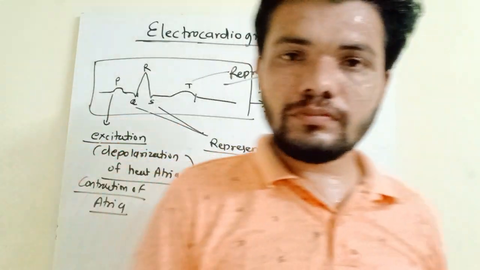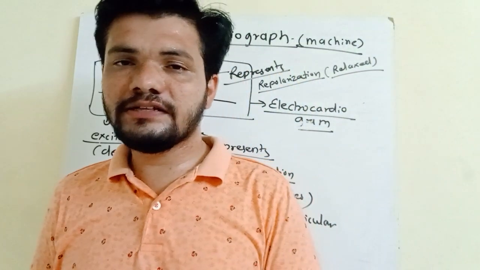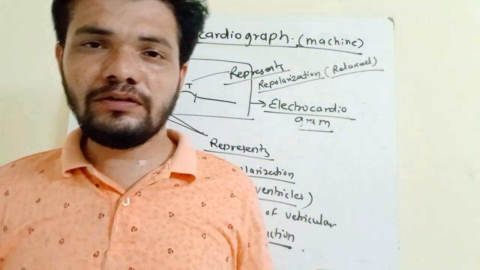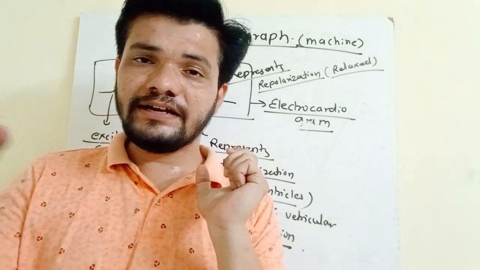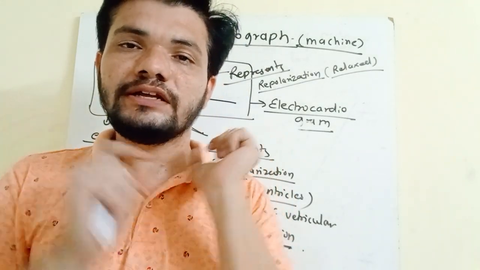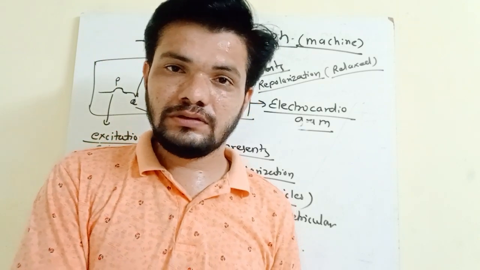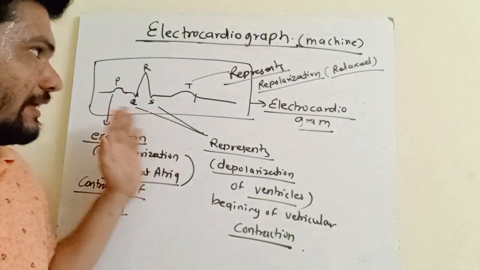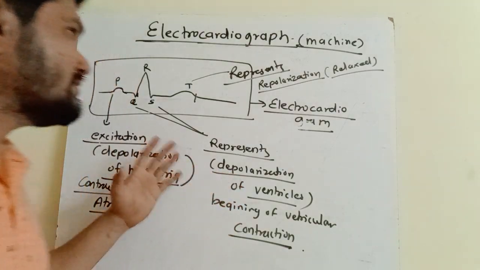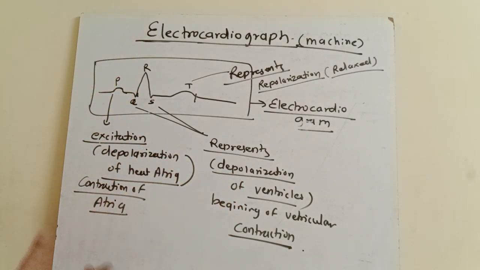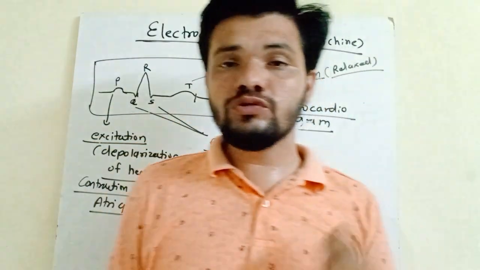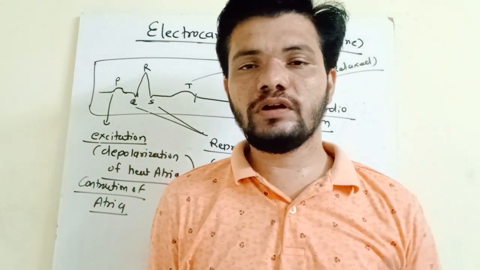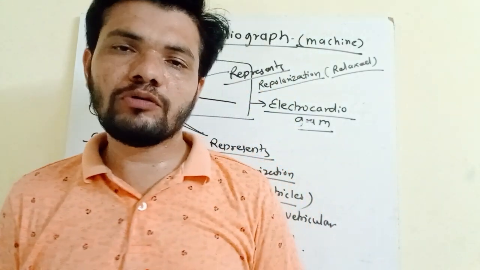You have to remember this: the electrical leads will be tied to both the wrists and the left ankle, so that they can give the data regarding your heart activity. So this is about the electrocardiograph and electrocardiogram, which is a useful method in the diagnosis of heart related issues. So this is about today.